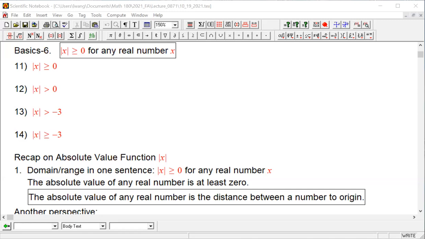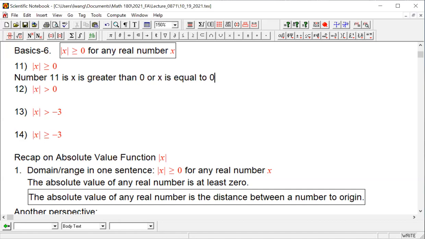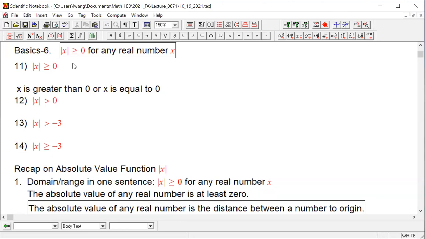So you mean x negative cannot be a solution? Yes. All real numbers. What do you mean, all real numbers? Negative and positive. But here you say x is greater than 0 or x is equal to 0. So what is the solution? You need to give all the solutions.